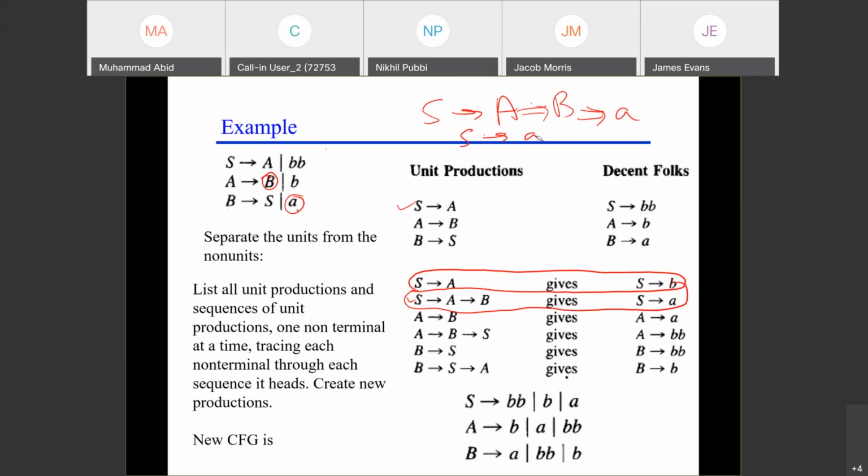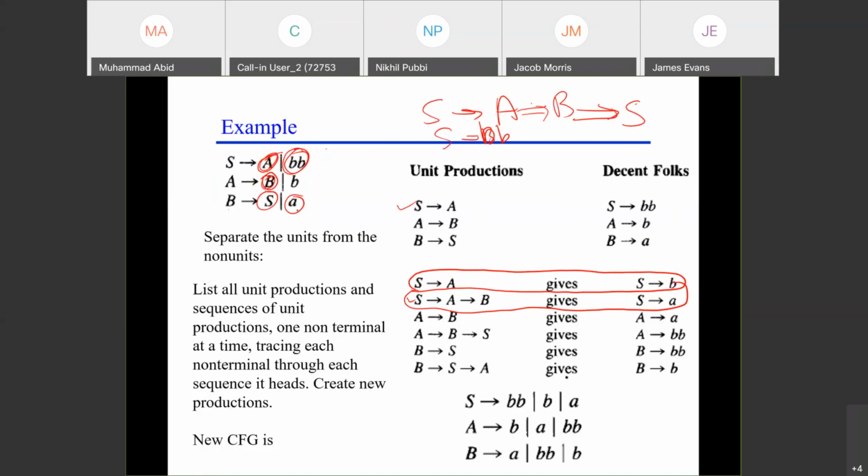Okay. Now look at this one. We still have another step. S can be replaced by A, can be replaced by B, can be replaced by S. But if you notice, S can be replaced by A or BB. S can be replaced by BB. So you already have that production rule BB in our grammar, so we do not need to do that because now we are in a cycle.